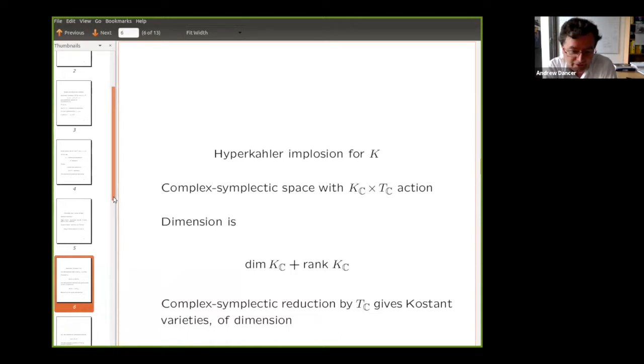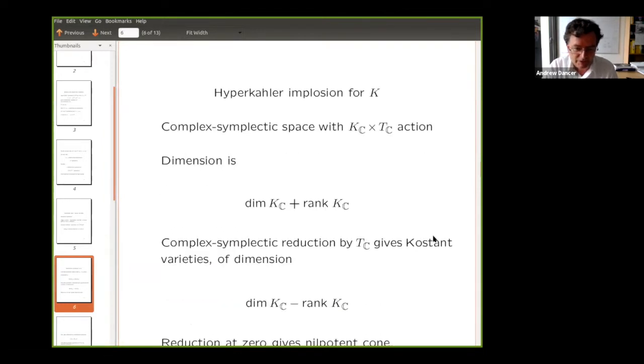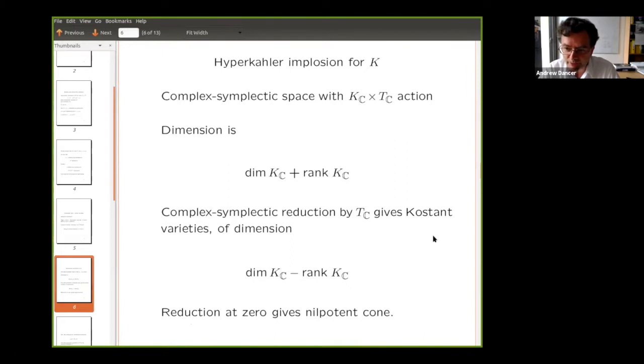In particular, the reduction at level 0 should give you the nilpotent cone. And of course, the dimensions work out there, because the dimension of the nilpotent cone is the dimension of the group minus the rank. So the implosion is a master space sitting above all these costant varieties, with dimension of the group plus the rank.